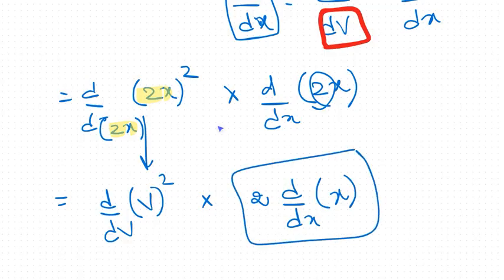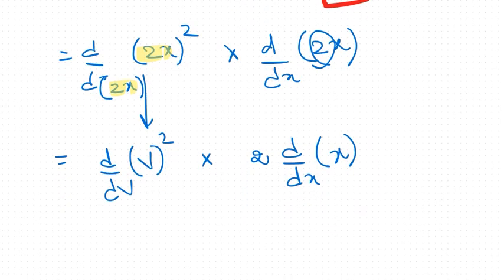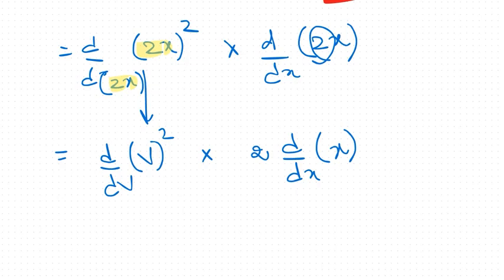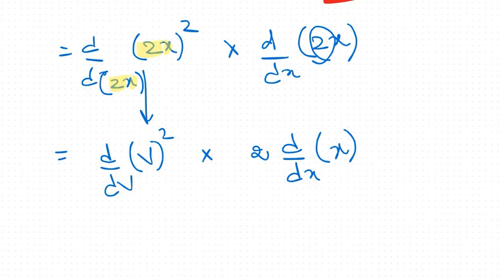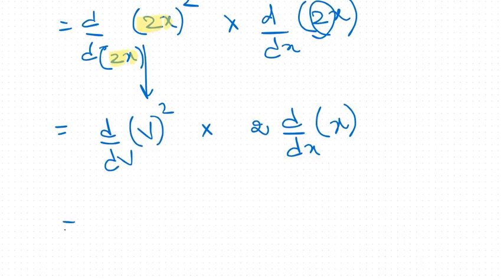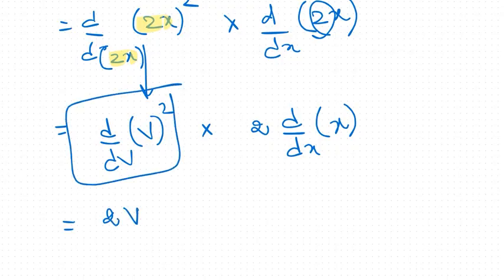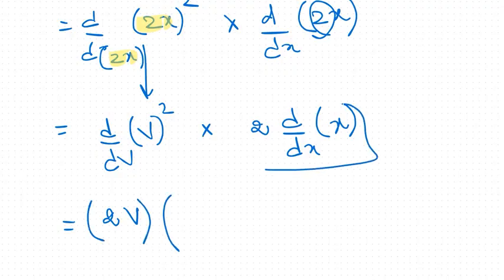What about the power? We don't need to do 1 minus 1 and all. Yeah, here we have to do that. We haven't done it yet. We are about to do that. So what is the differentiation of this one? 2v power 2 minus 1, or 2v, same thing. So 2v into d by dx of x means 1.